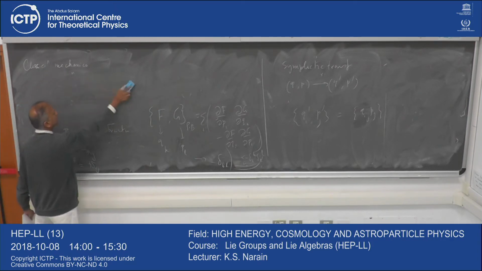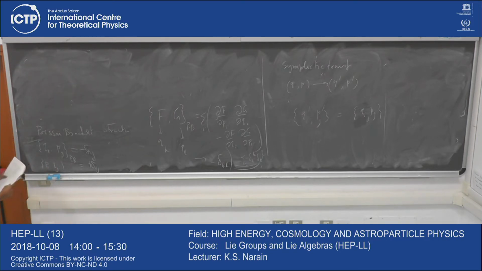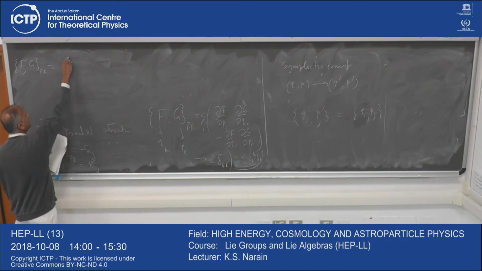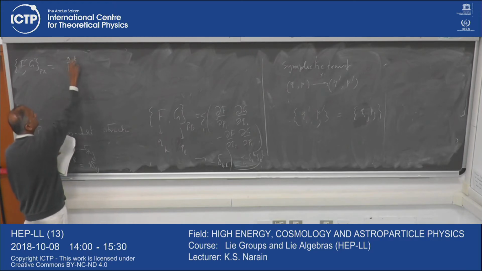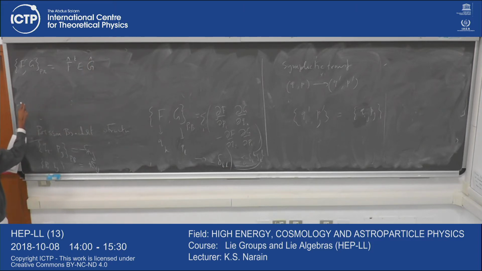This is just a convenient notation, nothing more than that. I can write this Poisson bracket of f and g as f hat transpose E g hat. What are f hat and g hat?